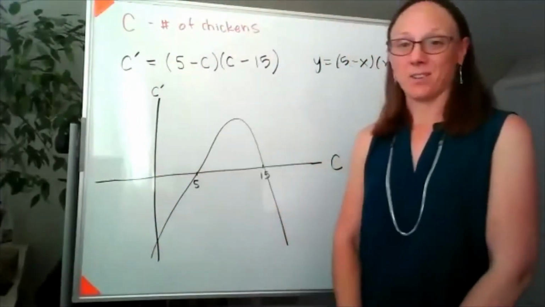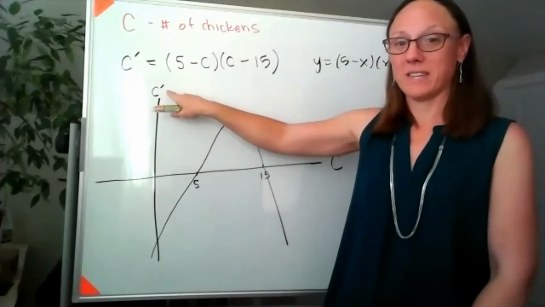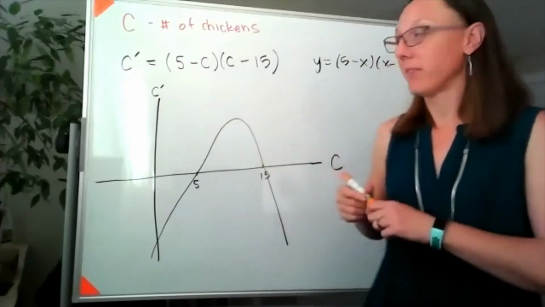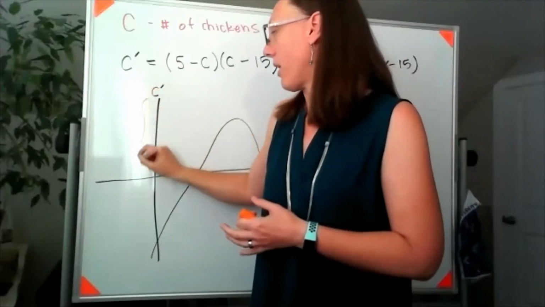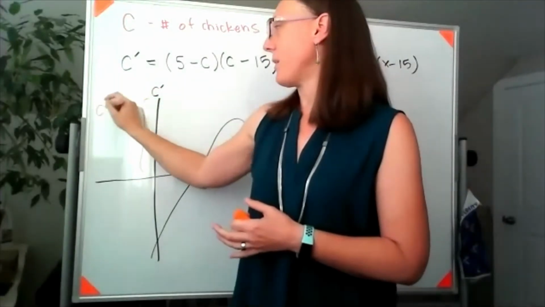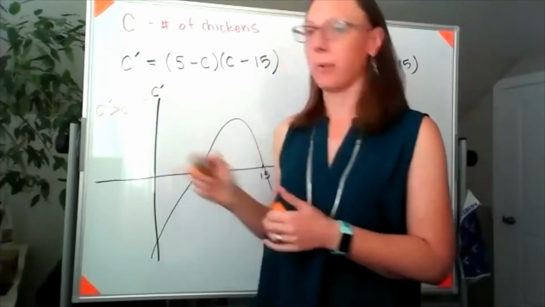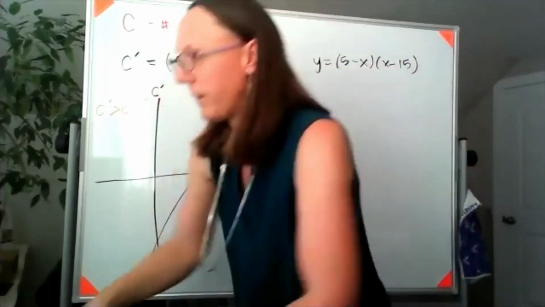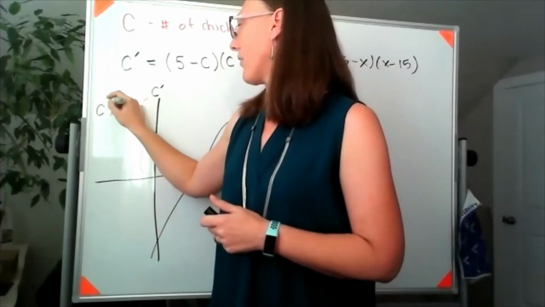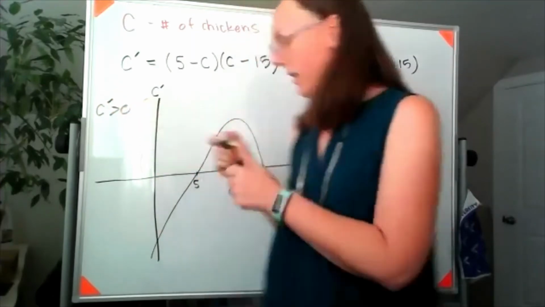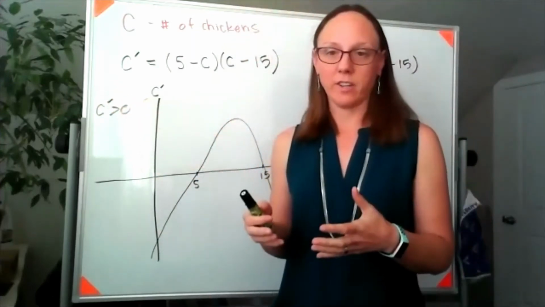Well, this axis right here is telling me what's happening with C prime. So in terms of the picture, everywhere up here, my C prime is a positive number. Okay, we can't see that. I'm just not having luck with any of my other colors of markers today. C prime is greater than 0.